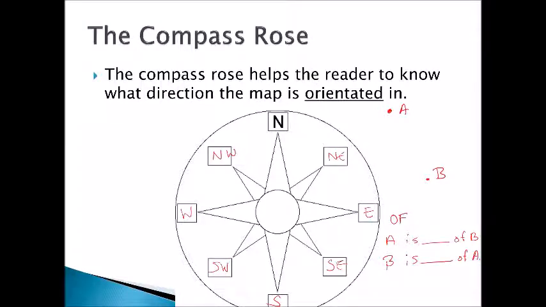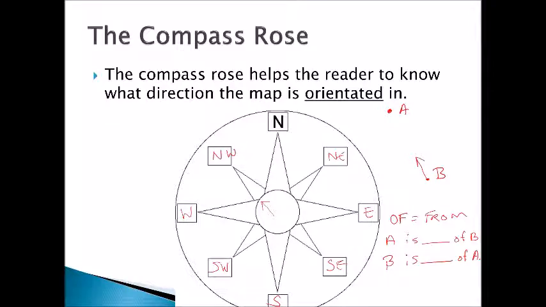So here's how we want you to look at it. Of equals from. So, A is blank from B. From B, we have this angle here. If we were to take that angle and put it on our compass rose, it would look something like this.